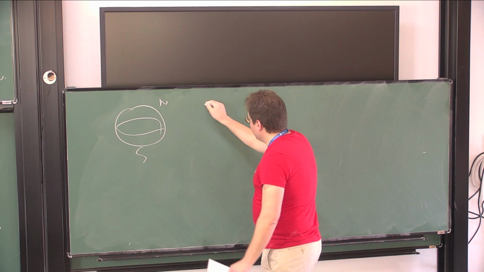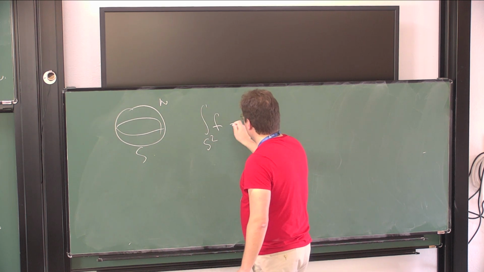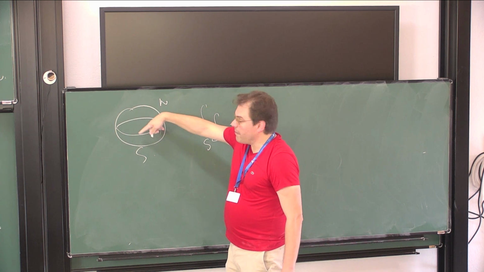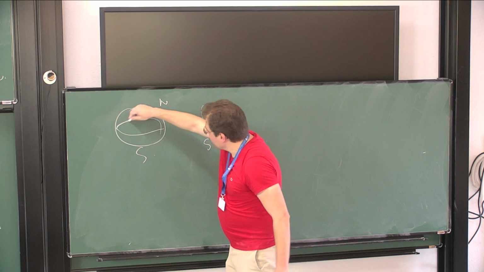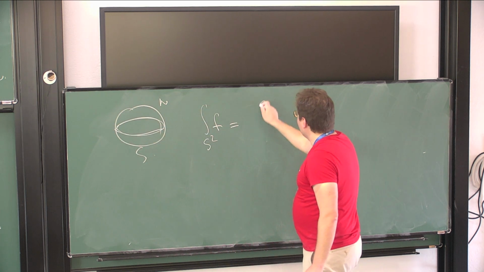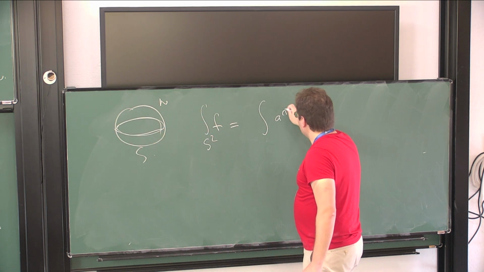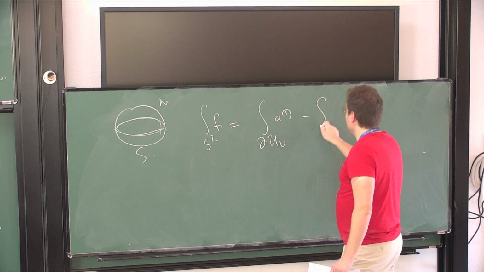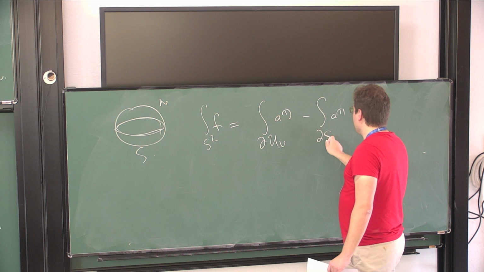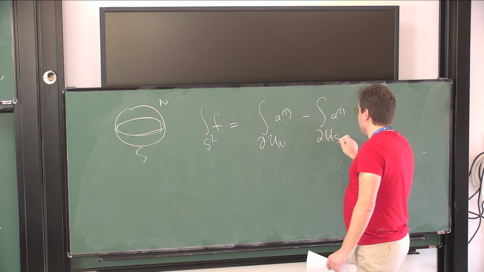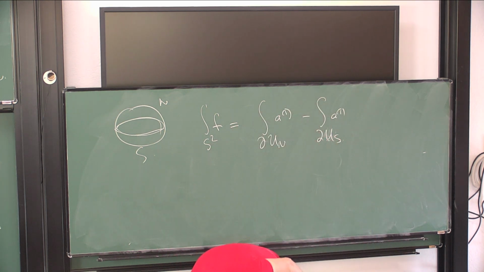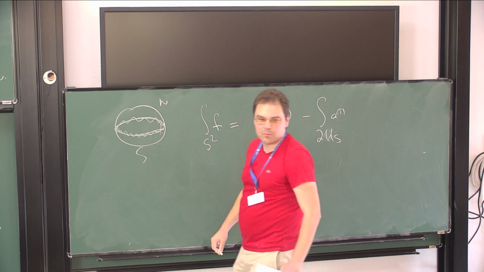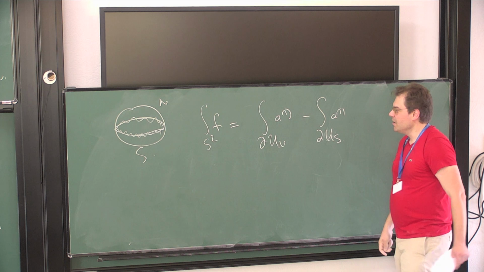And we can write the integral of F over the sphere as, this is dA, so essentially we can pull it back to the boundaries of these patches. So we have the integral of A from the north patch minus the integral of A from the southern patch. They have opposite orientations, and these boundaries coincide. That's the equator of the sphere here. You can make them overlap if you want to be more sophisticated, but this is sufficient.